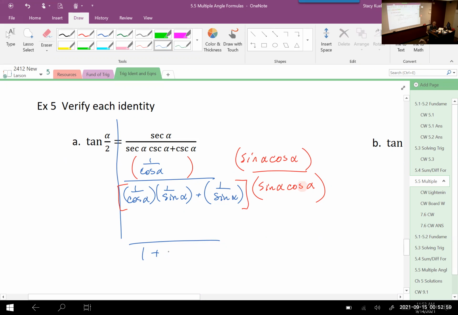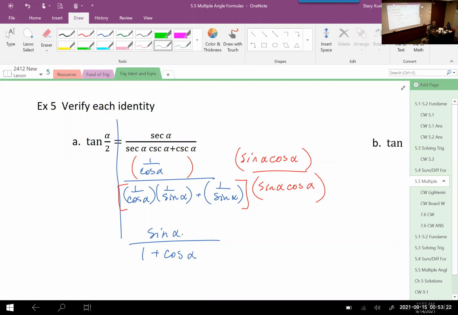Cosine, right? So 1 plus cosine alpha in the denominator. And what do I have in the numerator when I make that multiplication? Sine alpha. Okay, so it got messy, but then it got cleared up, in one extra step.